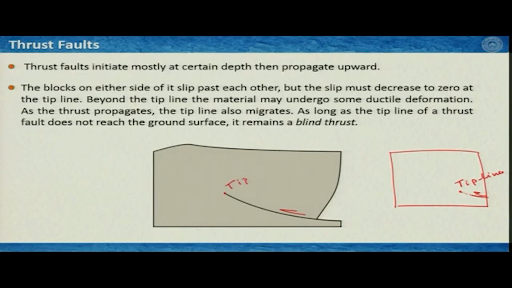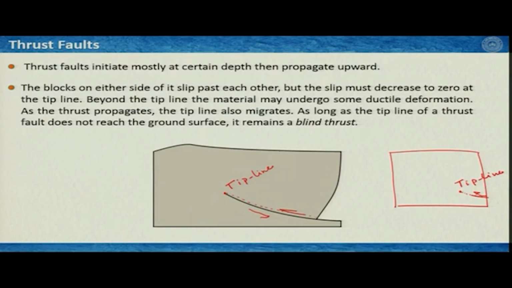Now one point is very important to remember here, that displacement at the tip line is 0. So this is also a definition of tip line. Here the displacement is maximum, and slowly along this the displacement terminates to 0. So the blocks on either side of this fault line slip past each other relatively this way, and this slip has to decrease to 0 at the tip line.